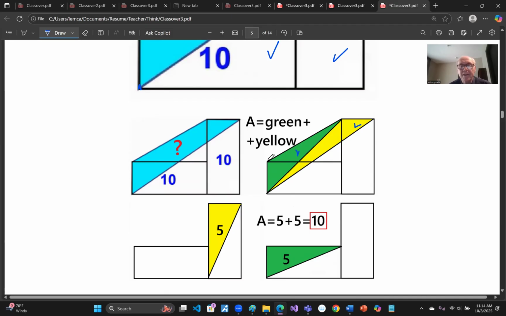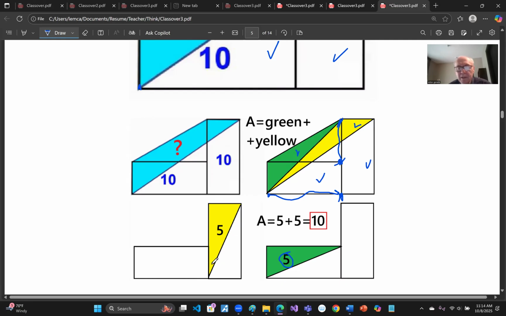We start from the green triangle. We take its vertex and drag it down until it coincides with the vertex of the rectangle. And at that moment, we understand that the area of the green triangle is 5. Then we take the vertex of the yellow triangle and drag it to the right until it coincides with the vertex of the vertical rectangle.